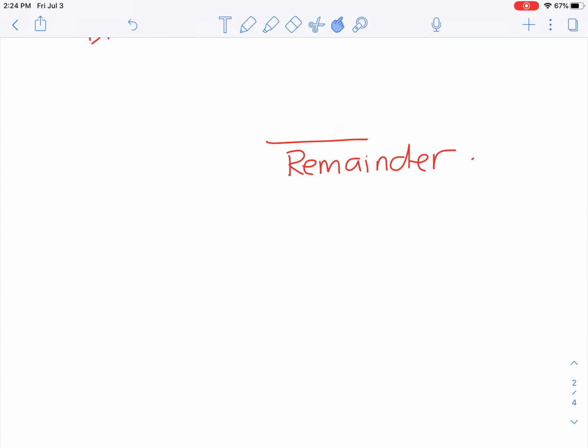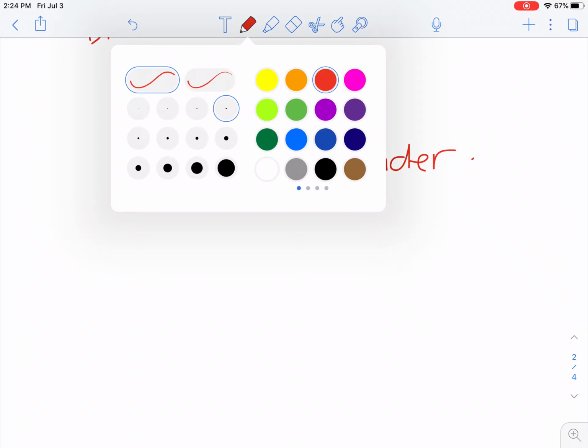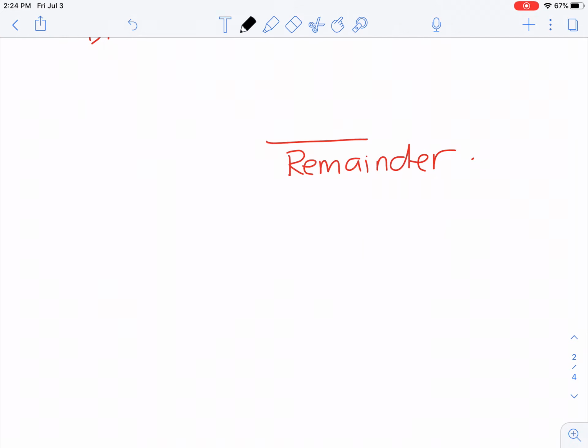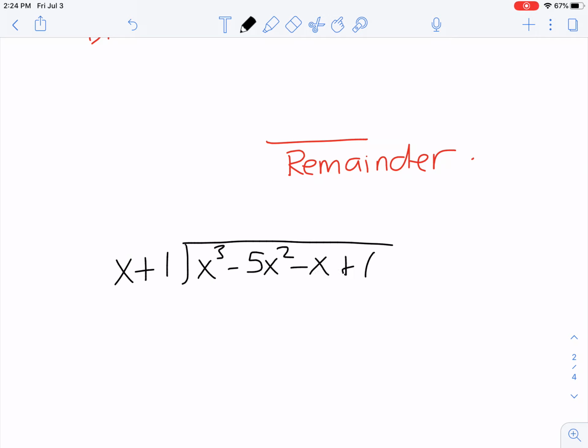Okay, so let's take a look at doing long division then with a polynomial. So we're dividing x plus 1 into x cubed minus 5x squared minus x plus 6.